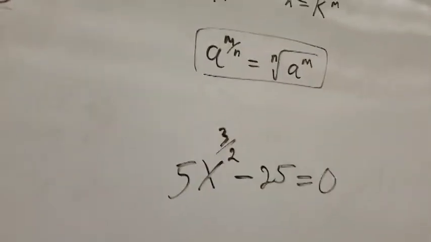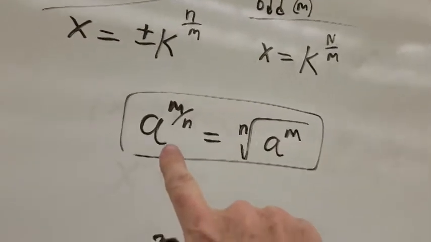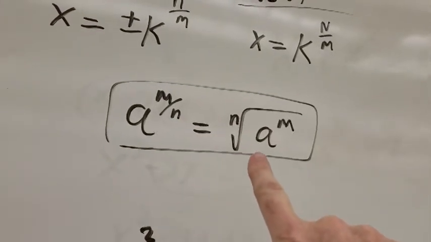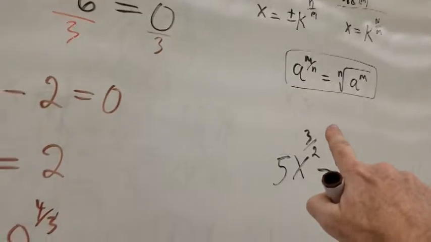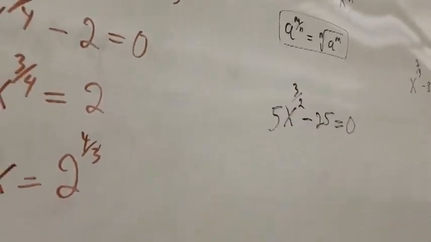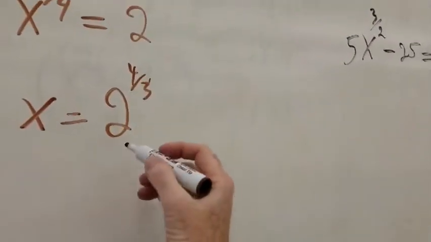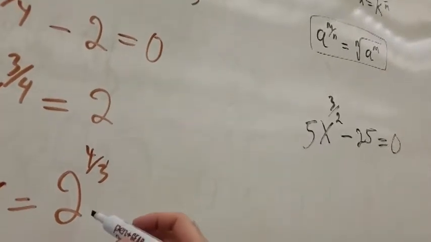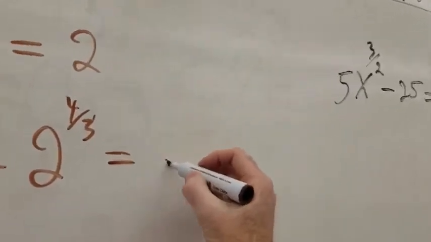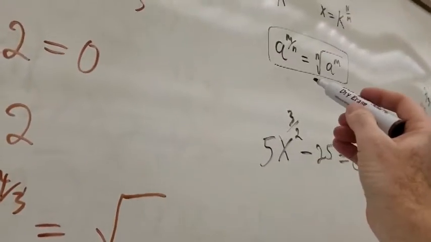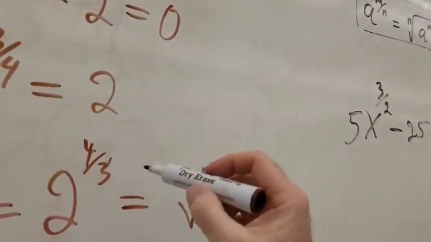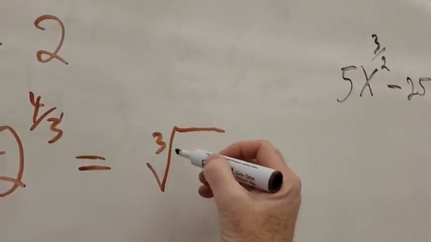Now we've got to use this other rule up here. So we've got a to the m/n is equal to this here. So let's apply that rule here. So this is really, let's see, I got to put this down, and the bottom number comes out front. So the bottom number comes out front.